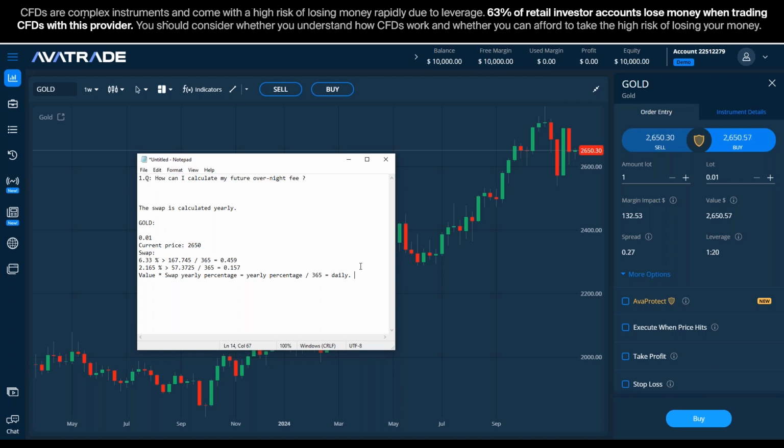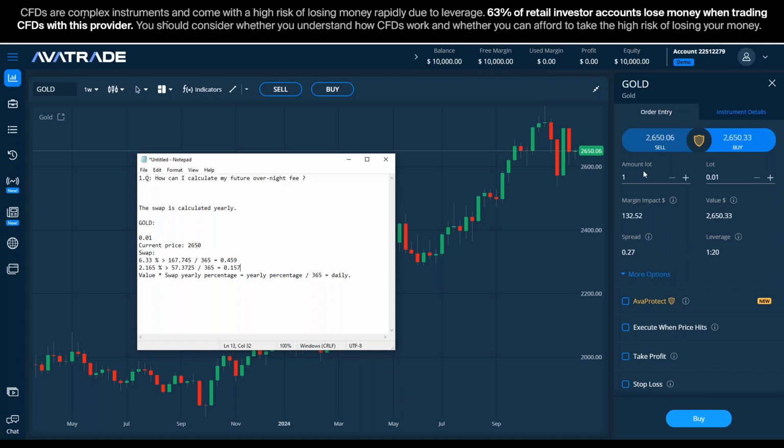All right, so basically what's happening here is we took the value, we took how much gold is worth, right? This is how much it's worth currently, 1 unit. And we multiply the value here by the percentage presented in the platform. And with the value that we've got, that figure here is 6.33% out of my value. And because this is the result, if I wanted to do this daily, if I would want to know daily, I would have to divide it by 365.